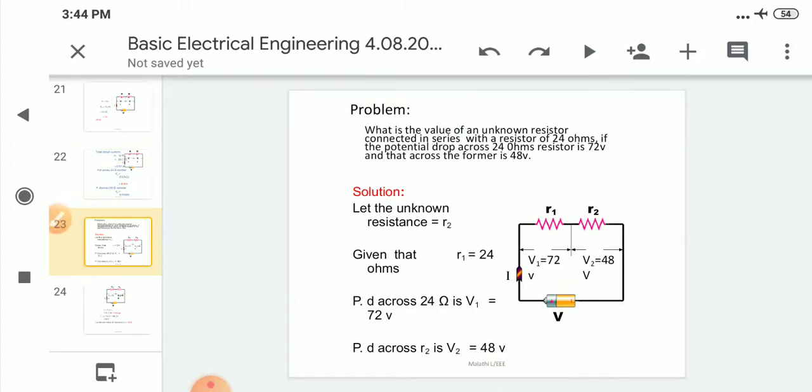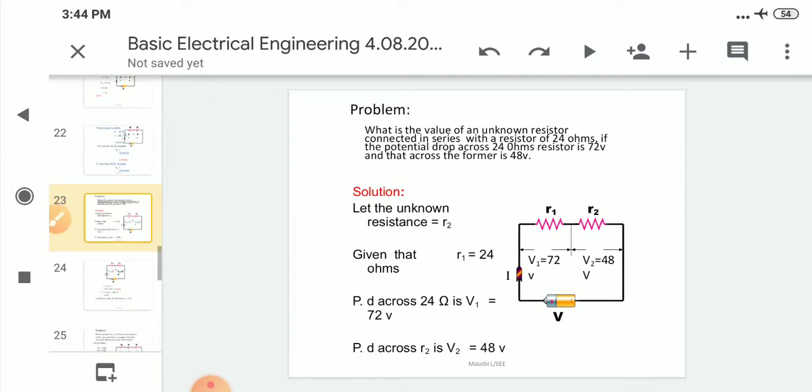Next problem. What is the value of an unknown resistor connected in series with a resistance of 24 ohms, if the potential drop across the 24 ohm resistor is 72 volts and across the former is 48 volts? This is an indirect question. We have to study it carefully.